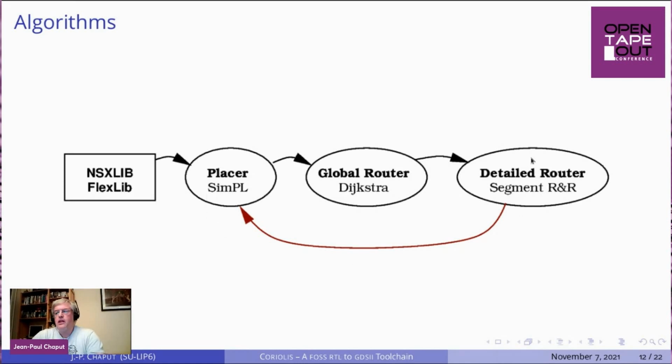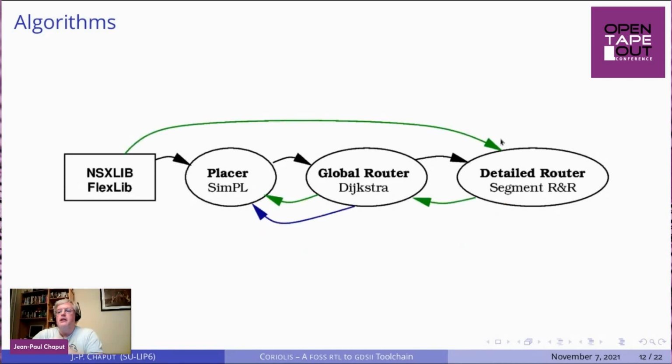The first idea was just to make a big loop like that. I extract information from the detailed router and send it back to the placer, and we go again. The problem is that by doing that, you may create other denser areas in other places. So what we want to do is something closer to each step.